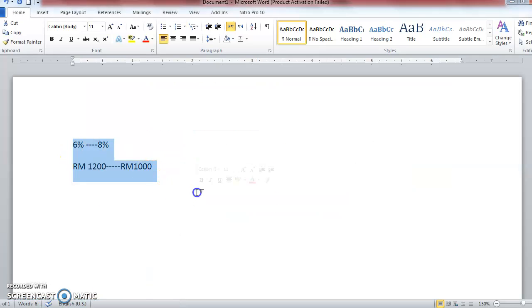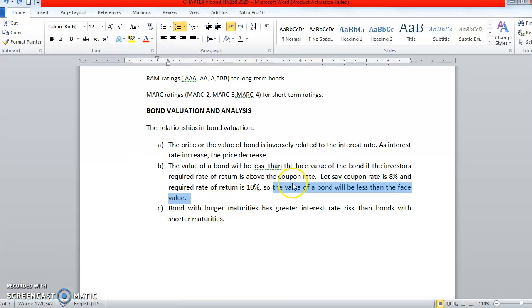Okay, let's say the bond face value, or the par value, is usually stated here at RM 1,000, right? So what happens when the required rate of return the investors need is higher than the bond's coupon rate itself?